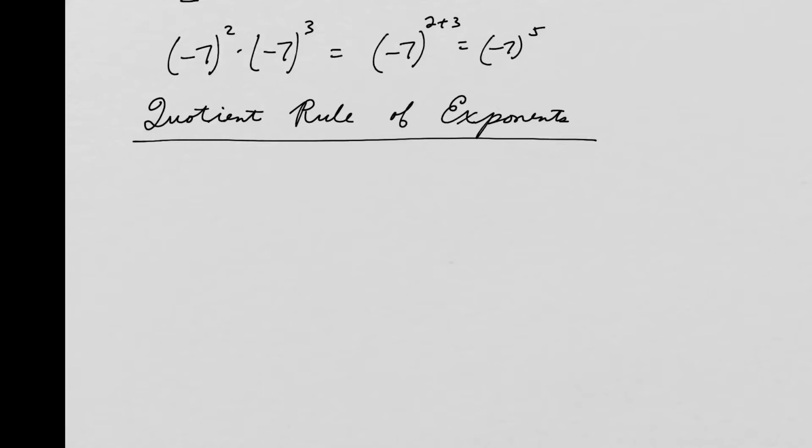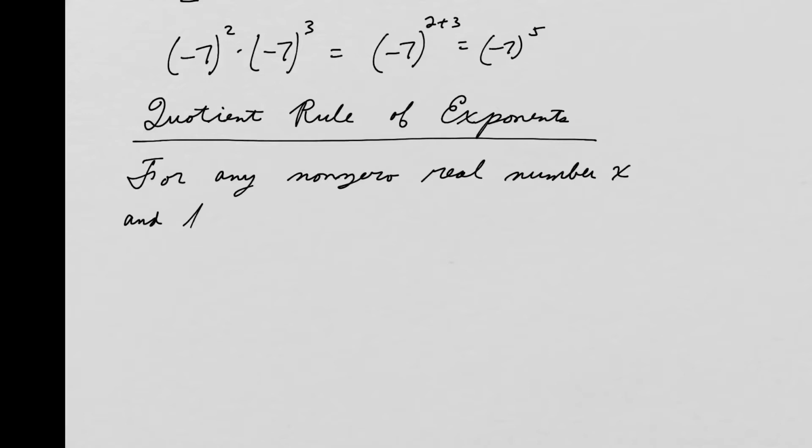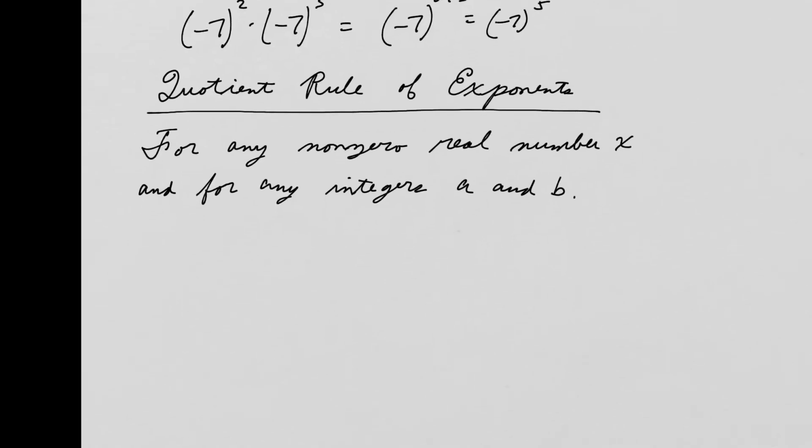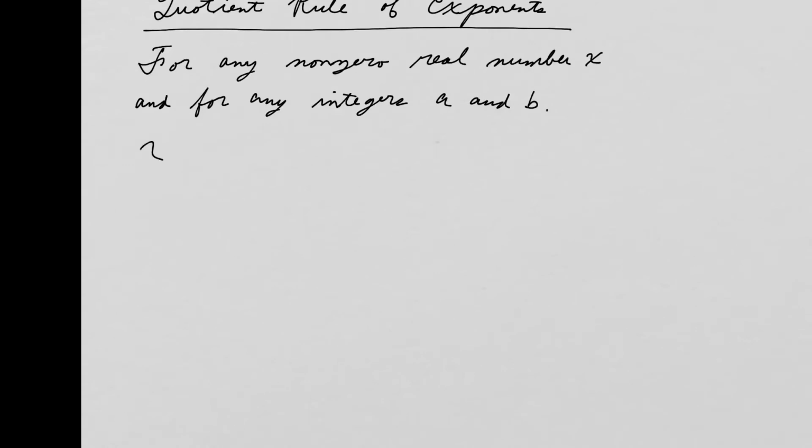And what this says is for any non-zero real number x, and for any integers a and b, if I divide two powers, so if I have x to the a divided by x to the b, and the bases are the same, so the x's are the same, then the result is you keep the base and you subtract the exponents.